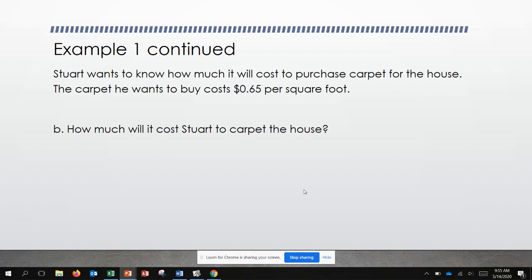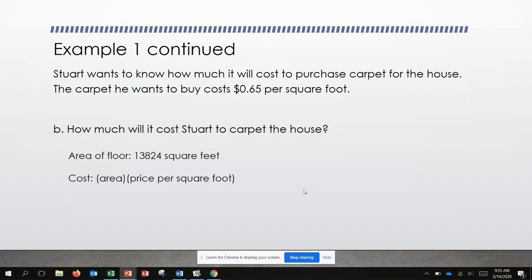Now, Stuart wants to know how much it will cost to purchase carpet for the house. The carpet he wants to buy costs 65 cents per square foot. How much will it cost Stuart to carpet the house? Well, if we know it costs 65 cents per square foot, all we have to do is take the square footage and multiply it by 65 cents, because it's 65 cents for each of the 13,824 square feet.